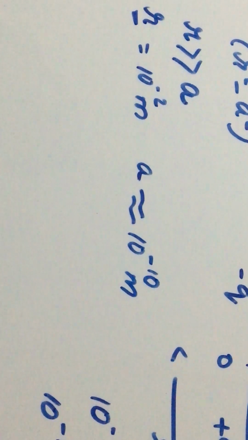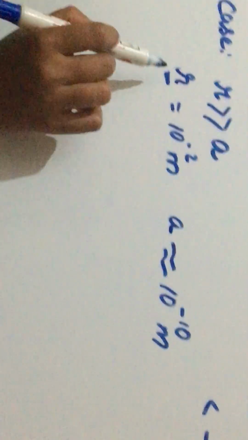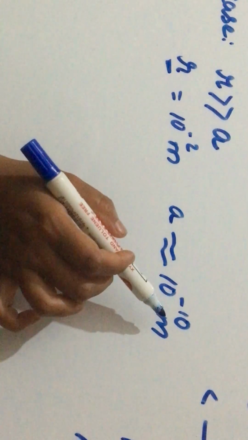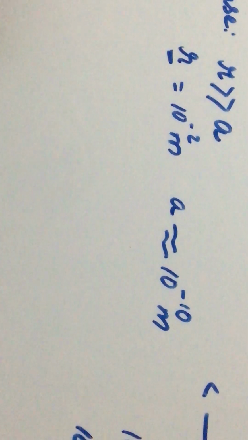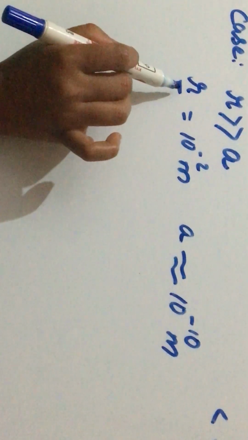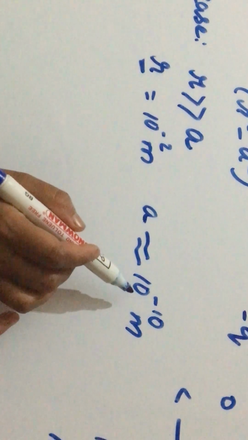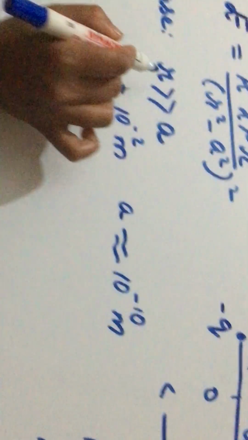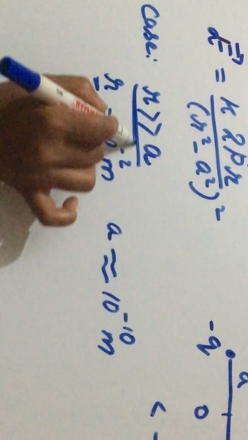Then compared to r, a is extremely small. So all these are comparisons. r is 10 to the power 8 times bigger than a, right?